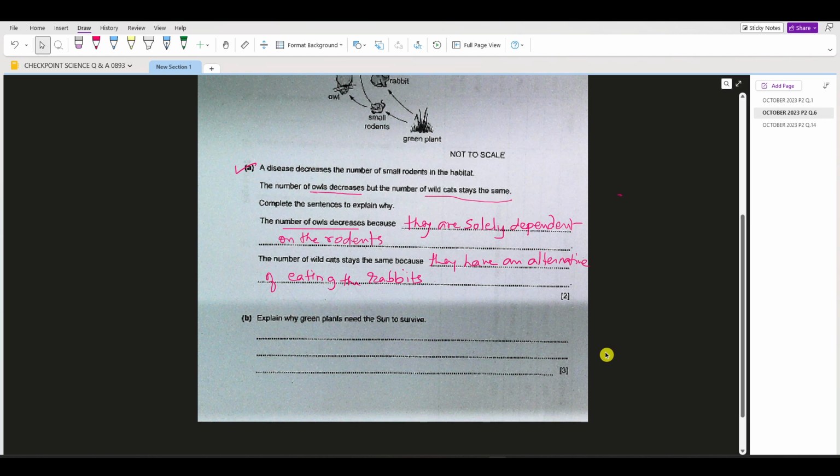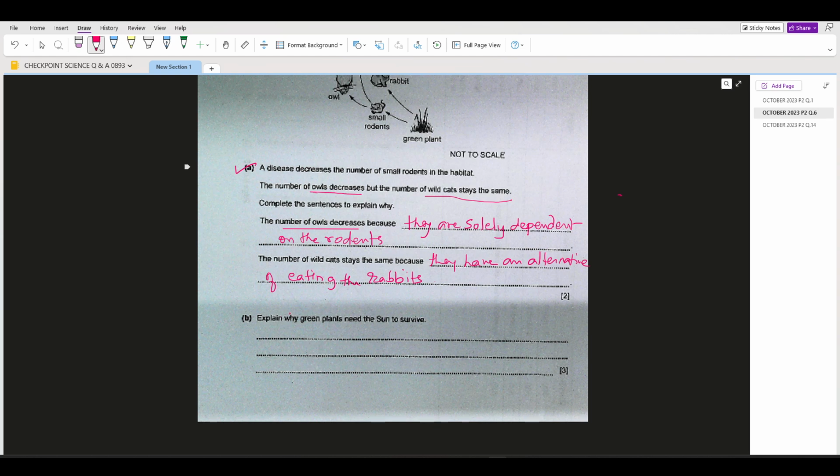Sub question B is: explain why green plants need the sun to survive. Now, green plants always prepare their own food using photosynthesis.